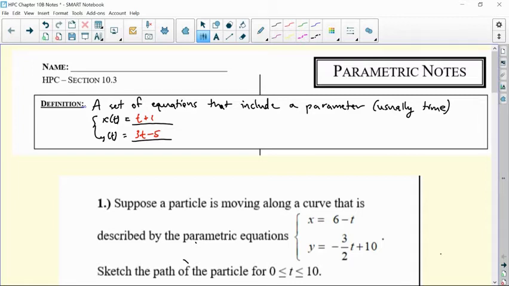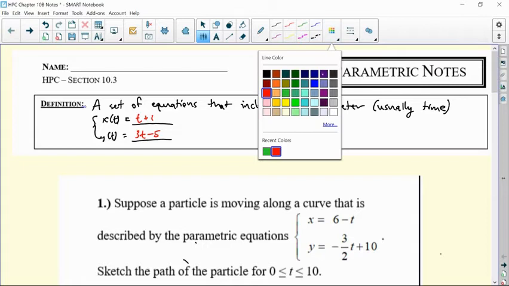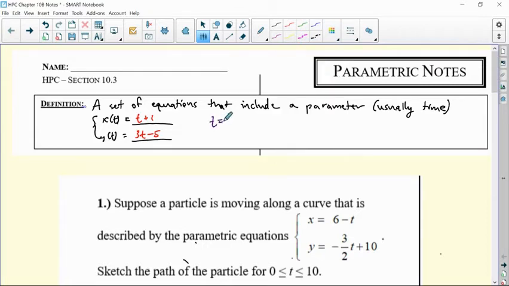At t equals 0, for this made up example here, where did the point start on the xy plane? Well, when t is 0, the value for x is 0 plus 1, which is 1. And when t is 0, you get 3 times 0 is 0, minus 5 is negative 5. So I know that at time equals 0, the point's at 1 comma negative 5.